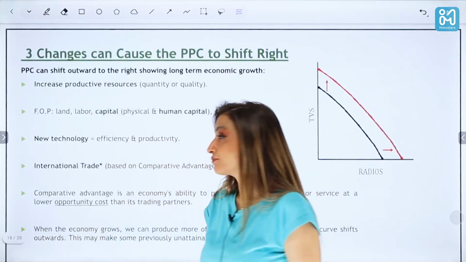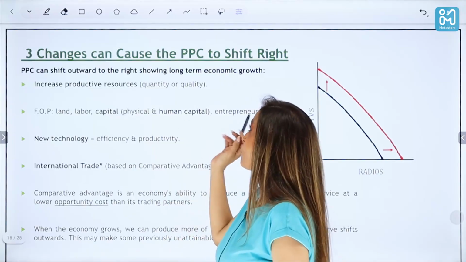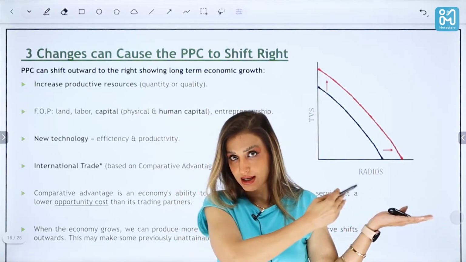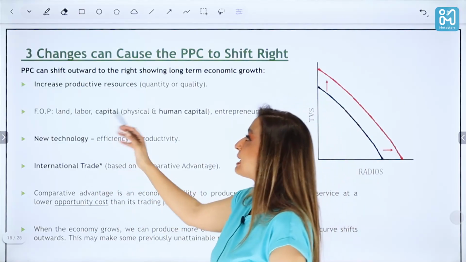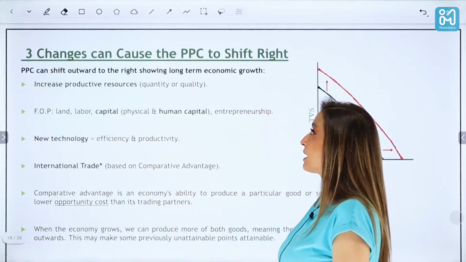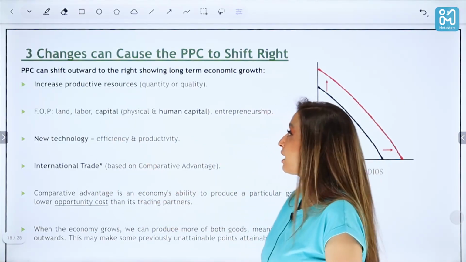Okay. 3 changes cause the PPC to shift to the right, as you saw now. PPC can shift outward to the right, showing long-term economic growth. Why?